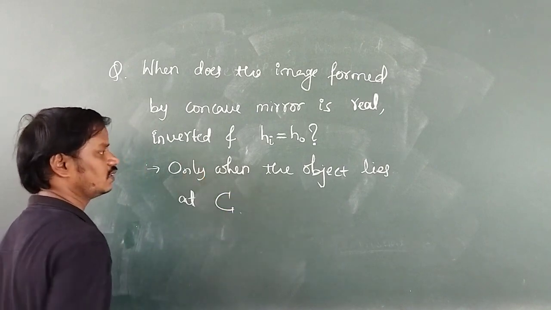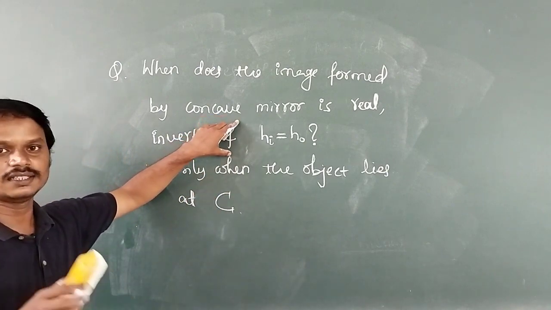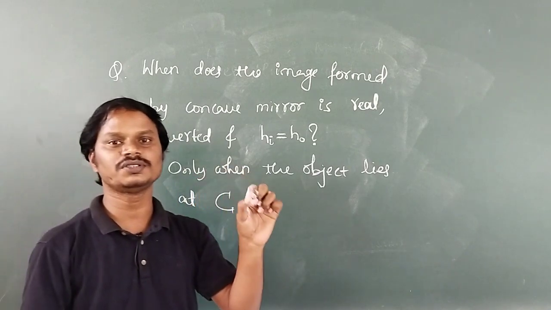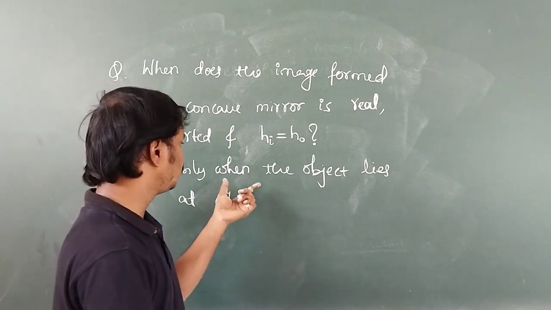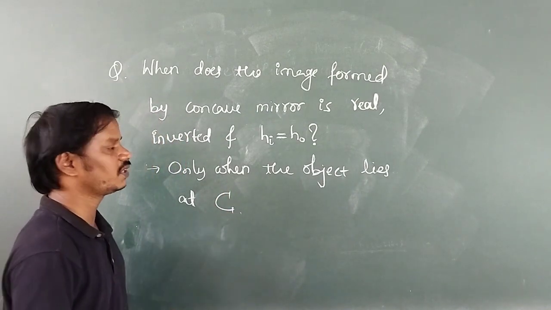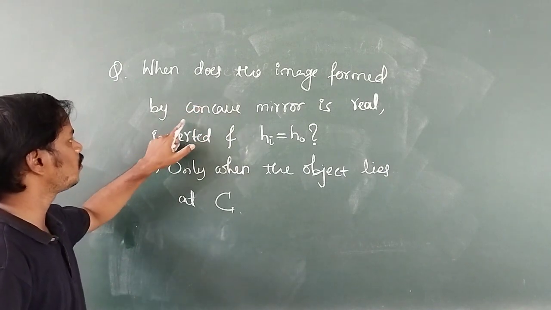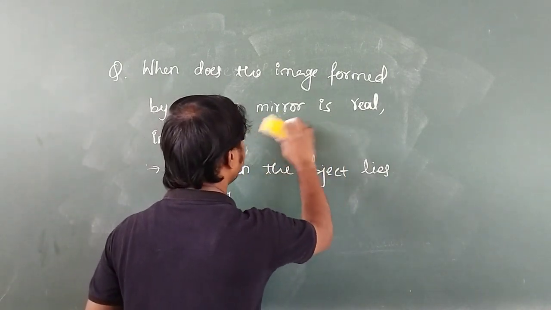This question can also be asked in another way: when is the magnification produced by the concave mirror -1? Only when the object is at the center of curvature. Okay, so remember this question. And next question. When is the image formed by a concave mirror real, inverted and magnified?